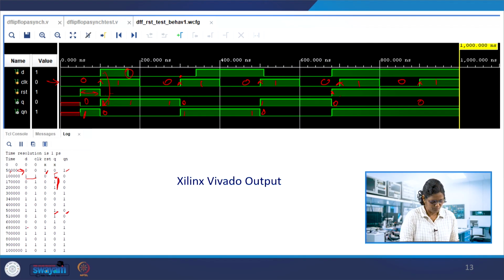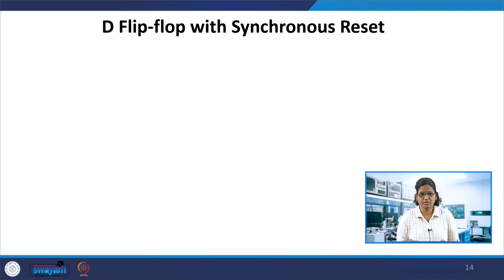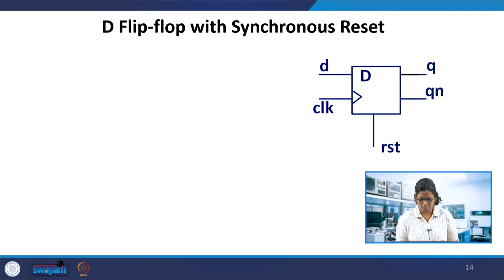Here D is 1, but Q is 0 on all these. Because of the reset it became 0, though the data change occurred here. So this is the behavior of the D flip-flop with asynchronous reset, and next the D flip-flop with synchronous reset.